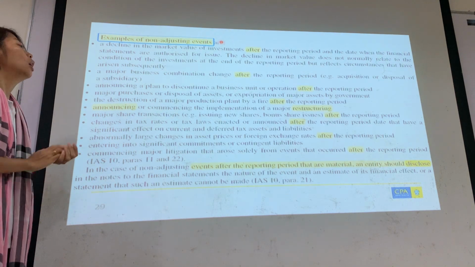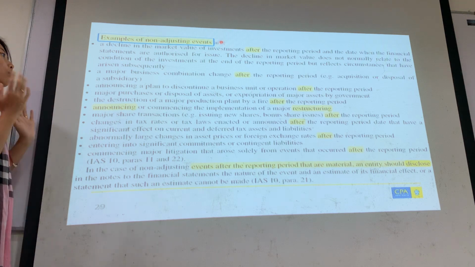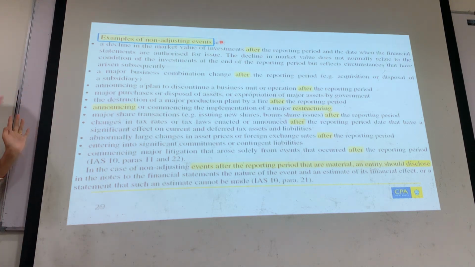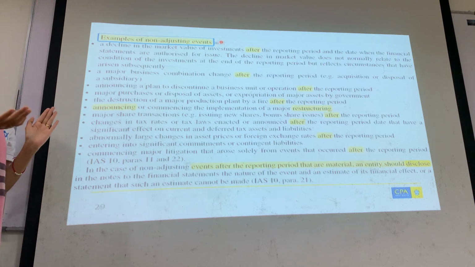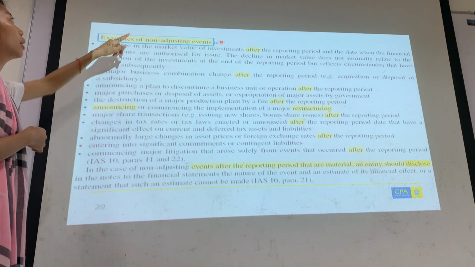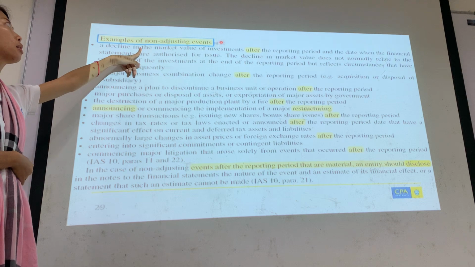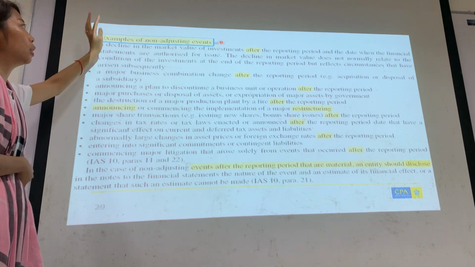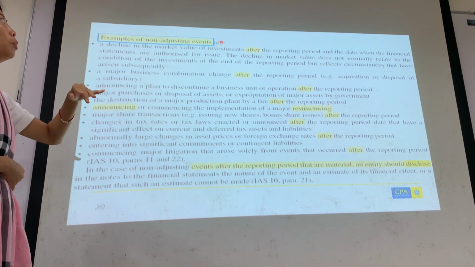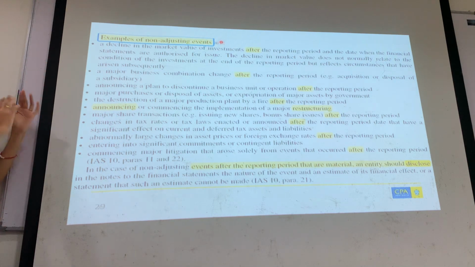So for example, we are now looking at the 30th of June 2023 financial report. And then in August, our share price dropped 50%, which is very serious. It is IAS 10 because it is one event in between 30th of June until 30th of September, the authorization date. So the second step, it is a non-adjusting event because of the drop in share price after the reporting period, we don't adjust 30th of June 2023.